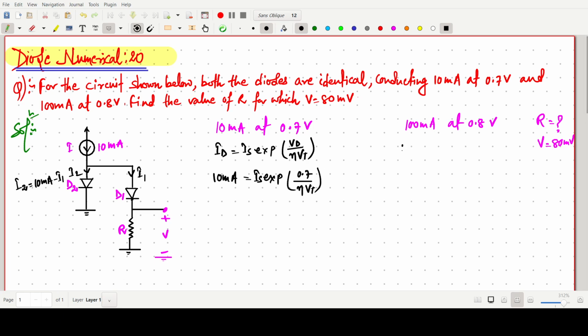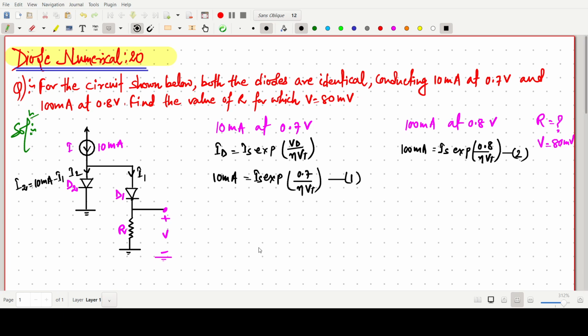And here also one can write 100 milliampere equals IS exp(0.8 by eta VT). Both have the same IS value, but eta may be different. So this is equation 1 and equation 2.